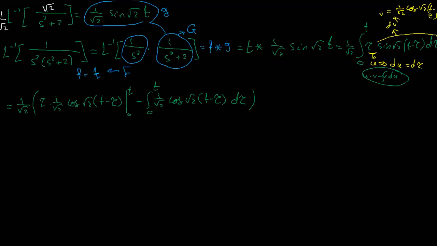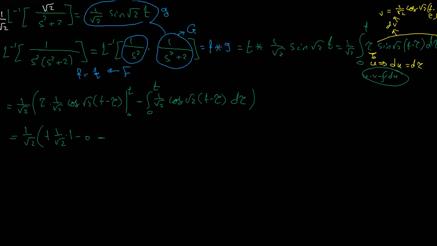Now I can find this integral easily. Let me plug in first. So 1 over root 2. Now the time for t: t, 1 over root 2 cosine (t minus t), cosine 0, which is 1. Minus, the time for 0, 0 times anything is 0.